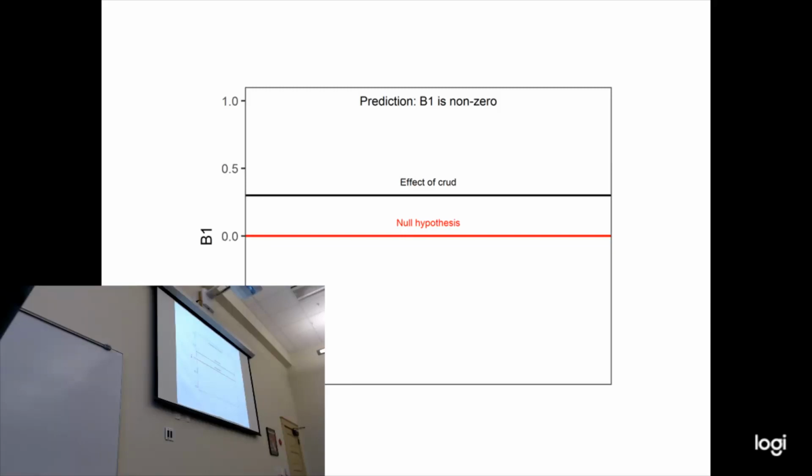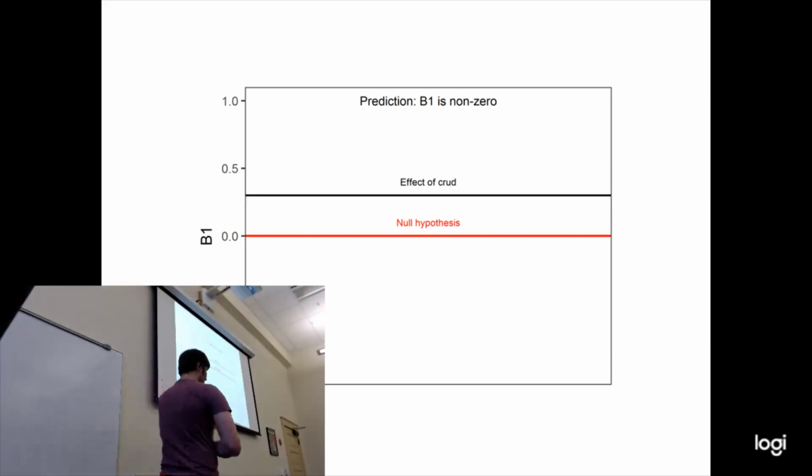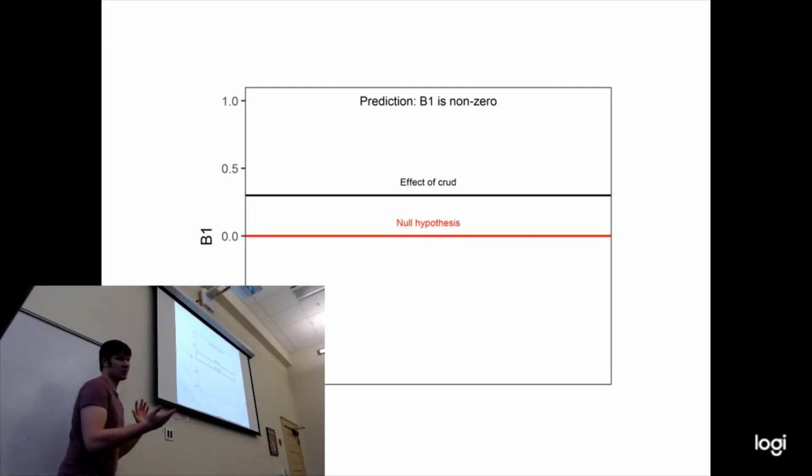So most of the things that you look at are going to be non-zero in the population for reasons that are theoretically uninteresting. So let's just say that the level of CRUD in this relationship is in that 0.3 range, or maybe it's 0.2, or it doesn't really matter, as long as it's not zero.